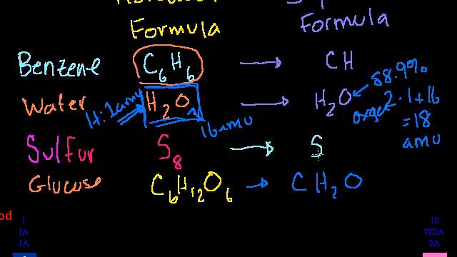So most of water is oxygen. Even though, and this is interesting, you have 2 hydrogens for every 1 oxygen, oxygen's mass is so much larger, 16 times larger, that most of water is oxygen.